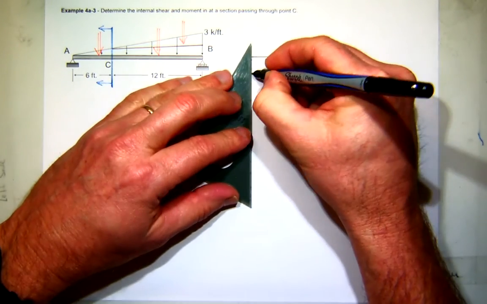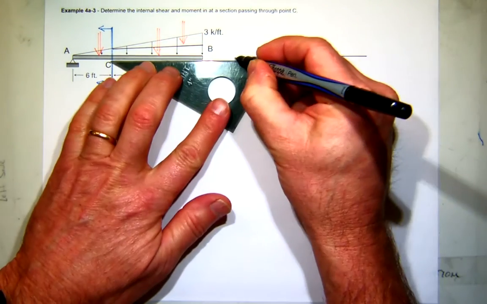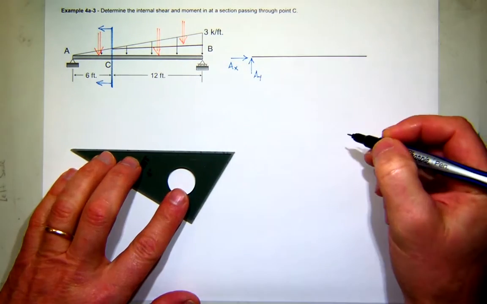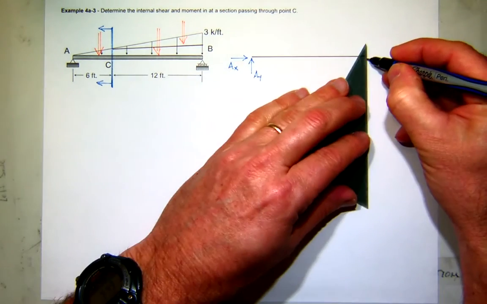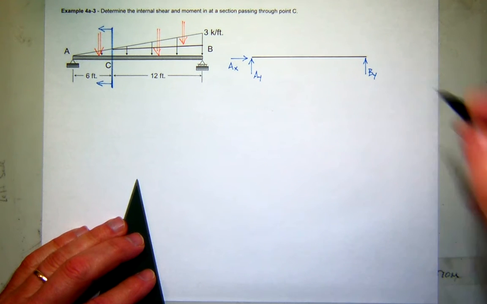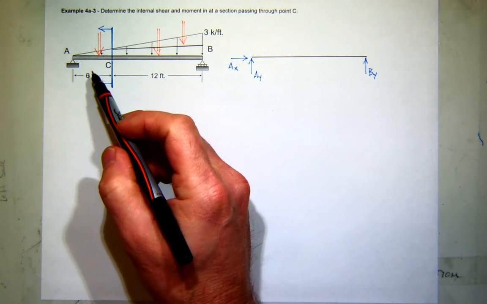So at A, I will assume that I have a Y and an X reaction, and then at B, well, it's a roller. I'll also have a vertical.